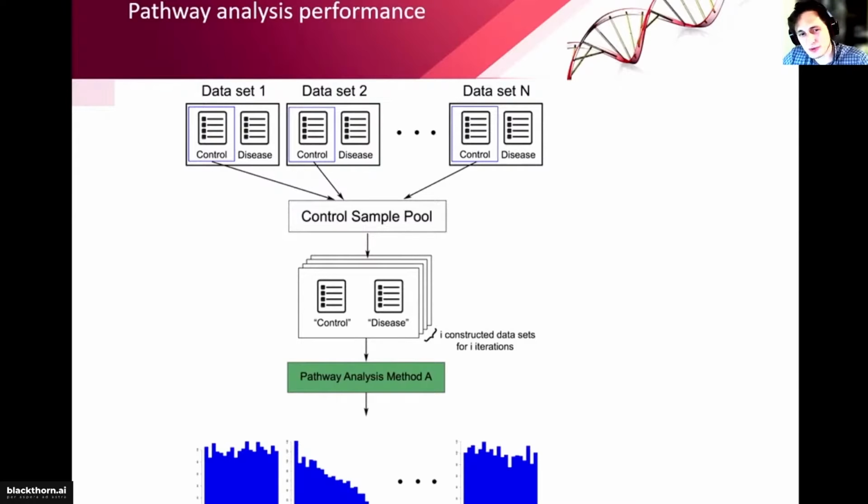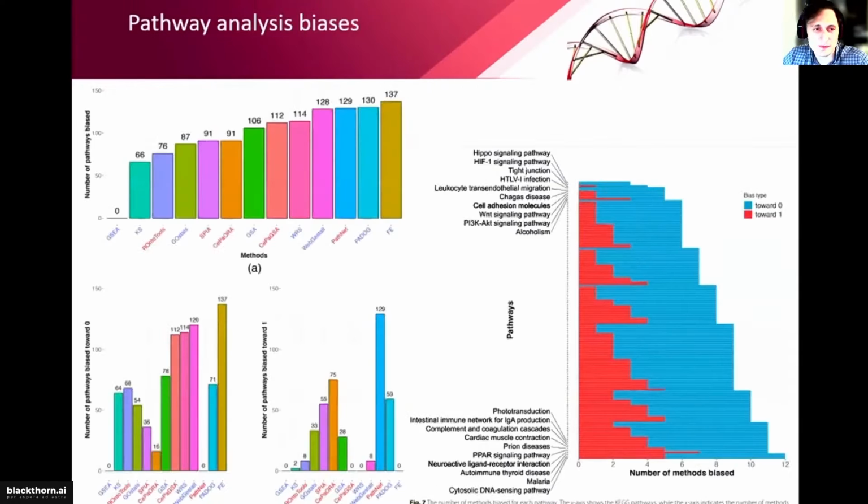It calculates how many pathways are prone to be over-optimistic or over-pessimistic, I mean, whether they tend to increase or decrease the number of significant pathways.